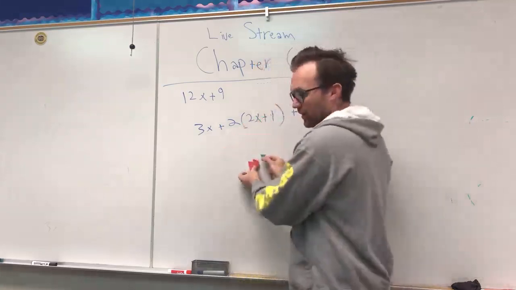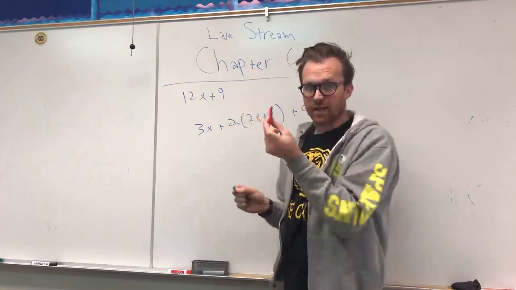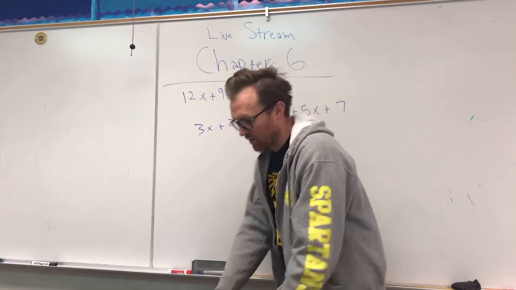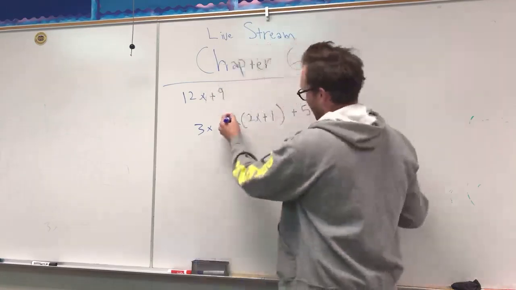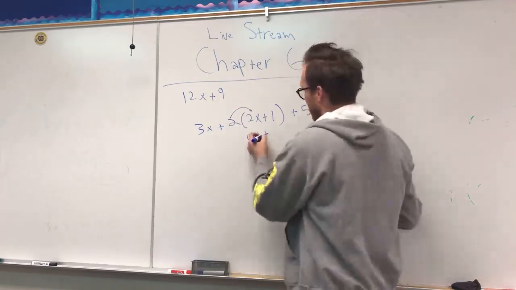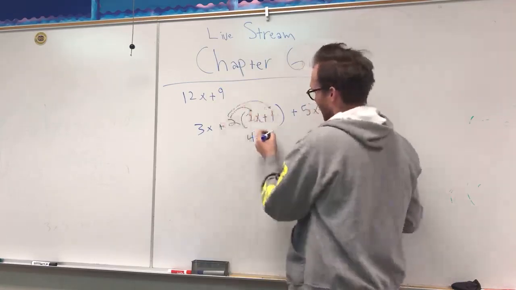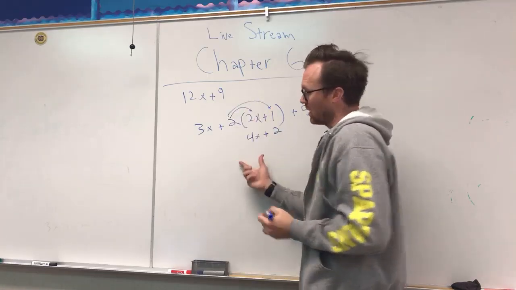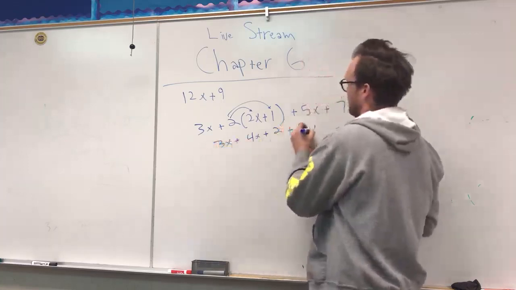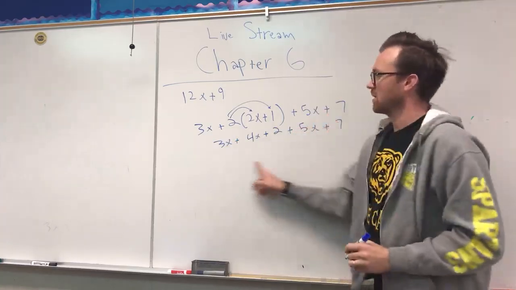So if I doubled it, there would be 4 of those red trapezoids, and 2 of those 1's. Then you're going to add the rest of the expression.